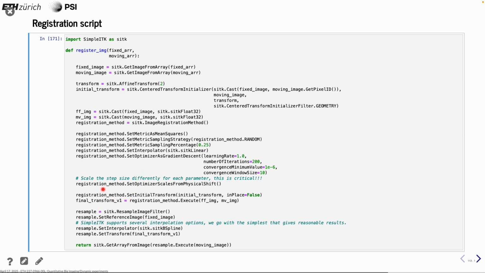And finally, you start the registration by execute. And then you do the final transformation. So this is the code you would need to run this registration. And here it's using a gradient descent algorithm for this registration.